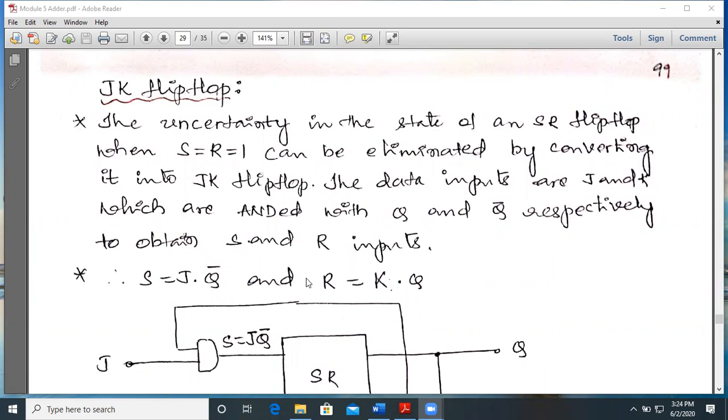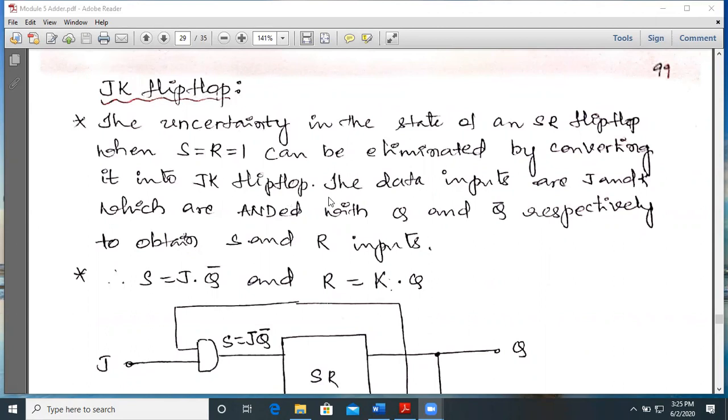It is called the forbidden state, or it is known as the invalid state. In order to overcome this, we are going for the JK flip-flop. It is named after the scientist who invented it, Jack Kilby, who worked on this. That's why it is called the JK flip-flop.